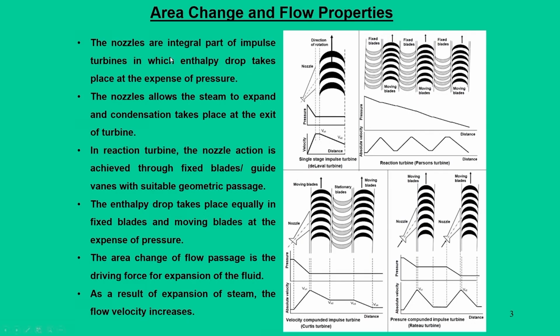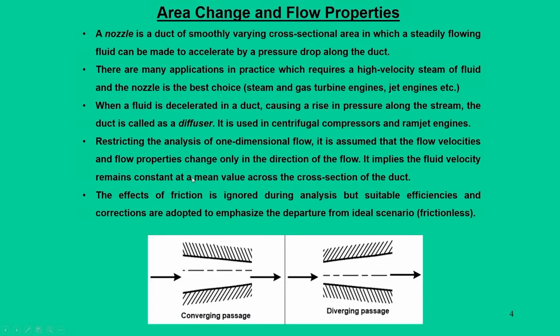This is what I have explained here. For impulse turbines, nozzles are the integral components. For reaction turbines, nozzle action is more important and is achieved through fixed blade or guide vane arrangements. Now, let us try to understand more theoretical aspects: what is a nozzle, and with respect to our situations, when we talk about steam, superheated steam, and the flow expands.